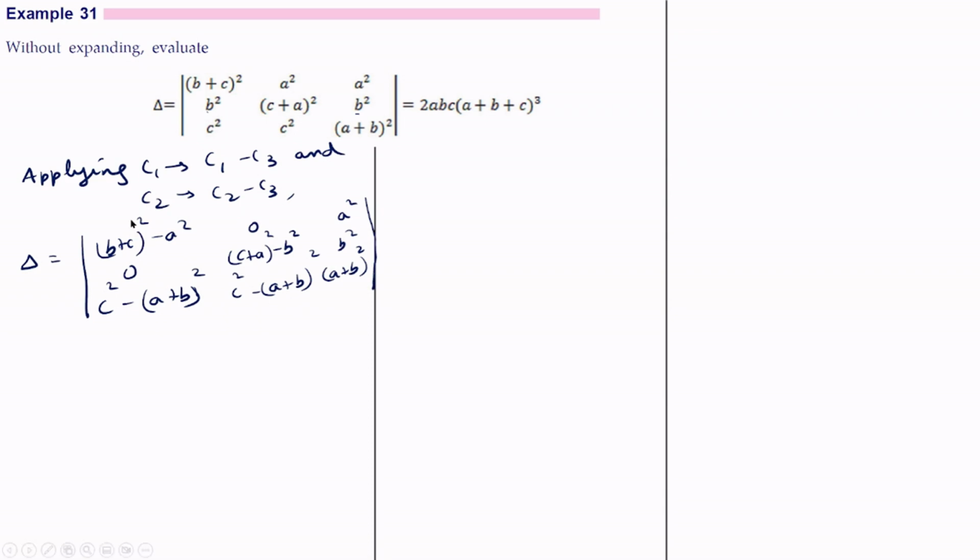So here if we consider the first column and the second column, a plus b plus c is common, which can be taken outside. So taking a plus b plus c common from C1 and C2.